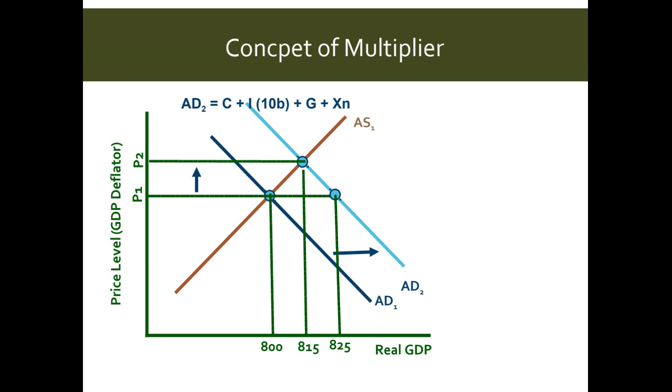So producers are producing $800 billion worth of goods and services. The buyers, that is consumers, government, investors, foreigners, are demanding $825 billion worth of goods and services, whereas the country is producing only 800. They can't produce more. If demand is more than supply, what are they going to do?